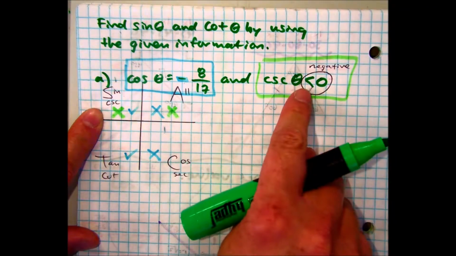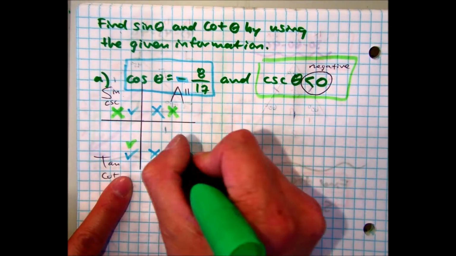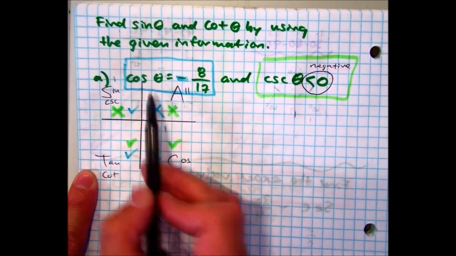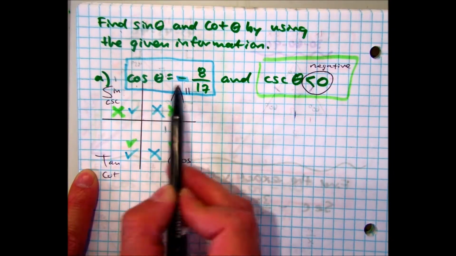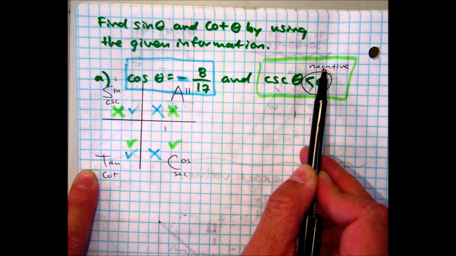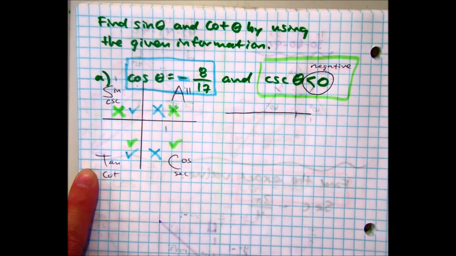That means I know it's going to be negative in quadrants 3 and 4. Well, I look at my checks, and yes, in quadrant 3, both cosine and cosecant are negative. So in this quadrant now, I can draw my triangle.